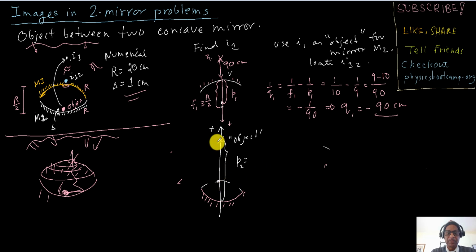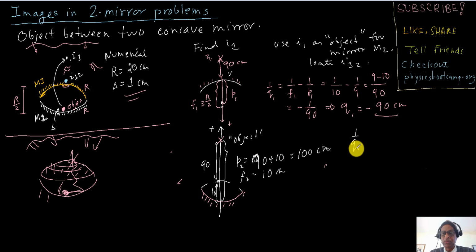Up to here was 90, and this is 10, in centimeters. So P2 is 90 plus 10, which is 100 centimeters. F2 is the same, 10 centimeters. Then I find 1/q2 is 1/10 minus 1/100.